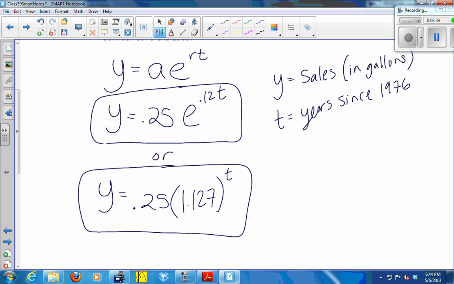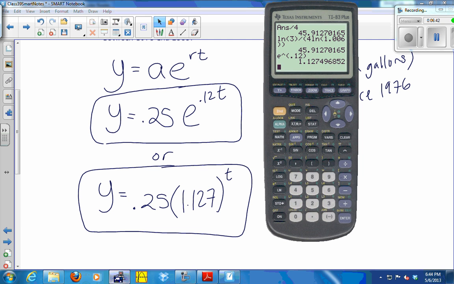Okay, if I put them both into my graphing calculator, here's a little trick that you might find handy. I'm going to store that number so that I don't have to write out all the decimal places again. I'm going to use the STO button right above the on button. I want to store my previous answer as the letter A, so I hit alpha A and press enter.